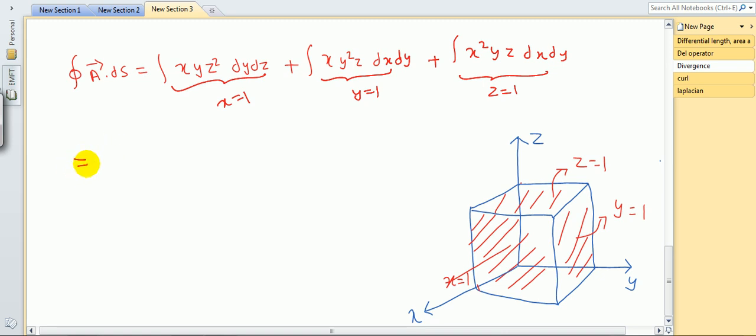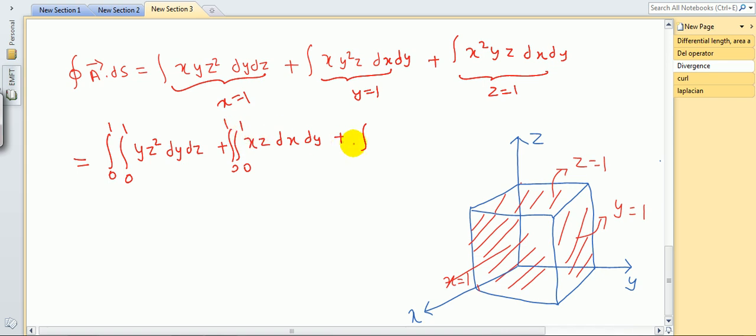Now I will simplify it. I will take double integrals where the limits of the other variables are from 0 to 1 as given in the question, and x will be put as 1, so it will be y z square dy dz plus, here y equals to 1, so it will be x z dx dy plus, here also the limits will be from 0 to 1 and 0 to 1.